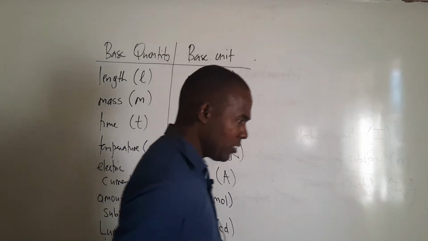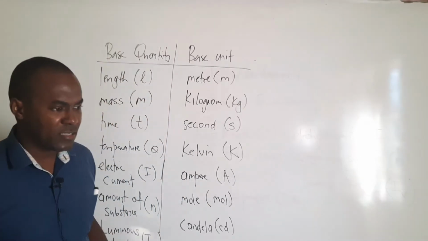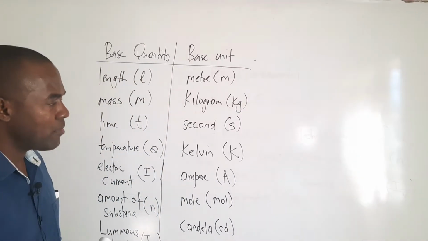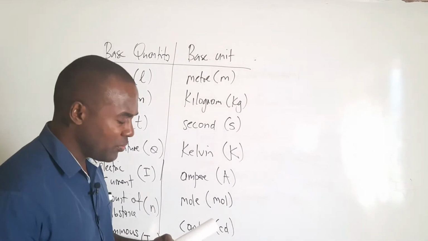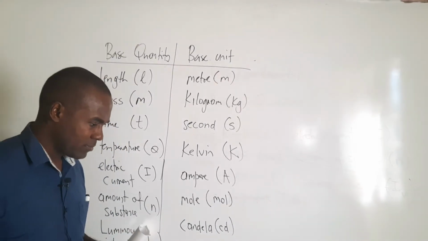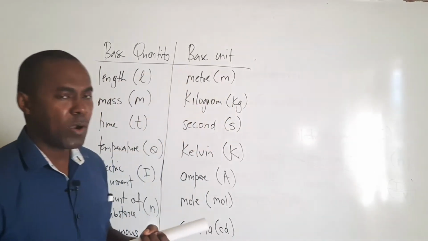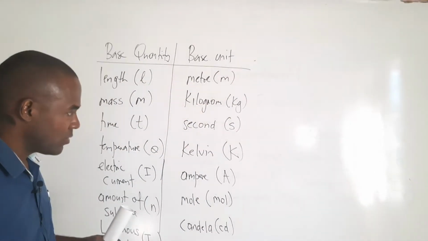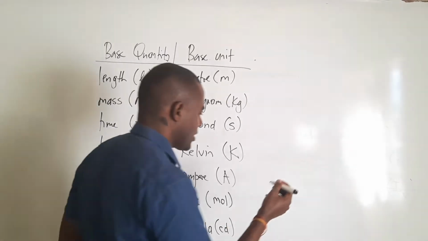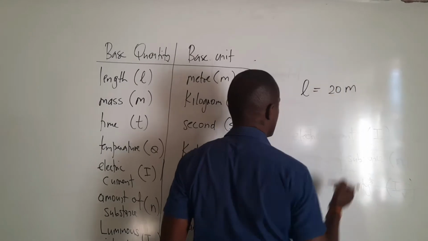The symbol for mass is also m. Now, one question which may arise is, if you see the symbol m, how do you tell if it's used to represent a meter as opposed to mass? Now, let's differentiate between physical quantities and their units. So suppose I write down L equals 20 meters.